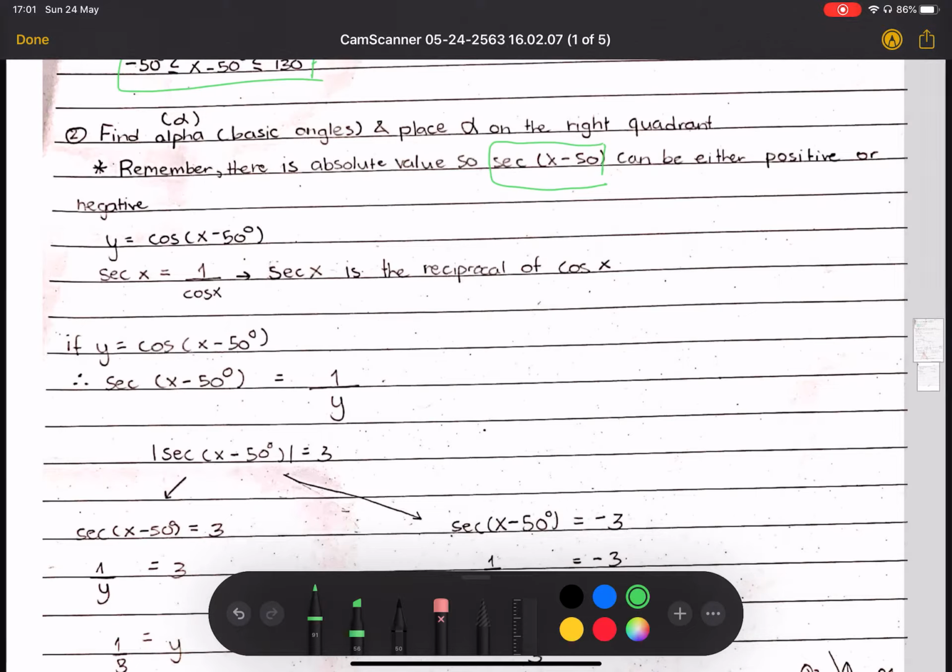First, I substitute y equal cos x minus 50, and sec x is the reciprocal of cos x, so sec x is equal to 1 over cos x. And if y equal cos x minus 50, so sec x minus 50 will be equal to 1 over y.